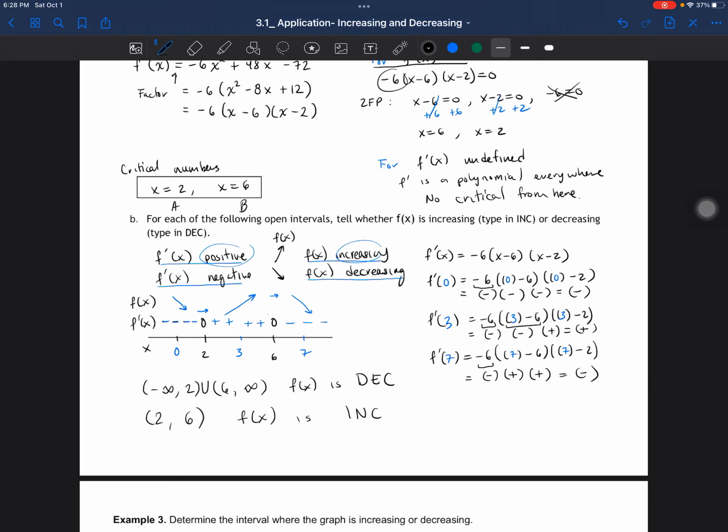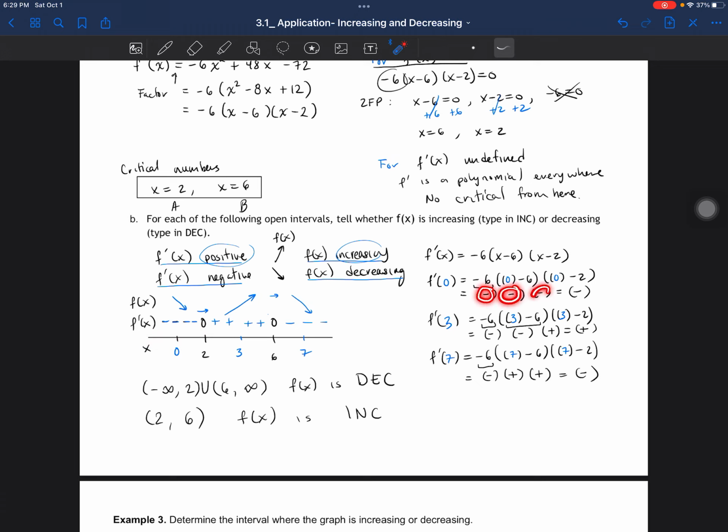Okay, and that's it. I want to say this, and this is very important. You may be thinking, what if we chose a different number, like 1, to test, instead of using 0? You still would have gotten the same answer: a negative number, and a negative number.